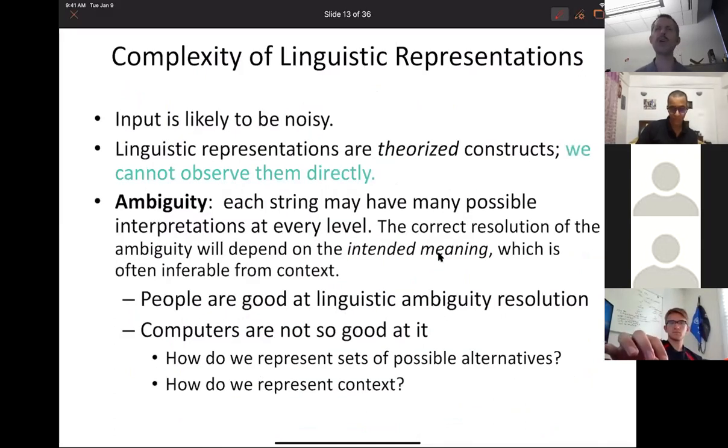People are really good at resolving linguistic ambiguity. It's very rare that you come across an ambiguous sentence and even notice that it's ambiguous because you've used all of this contextual information to disambiguate it. But the question is, how do we represent that context? And how do we represent the set of possible alternatives?